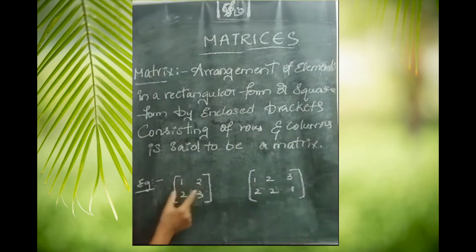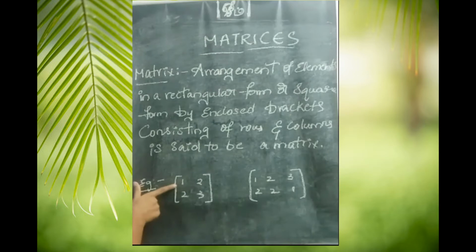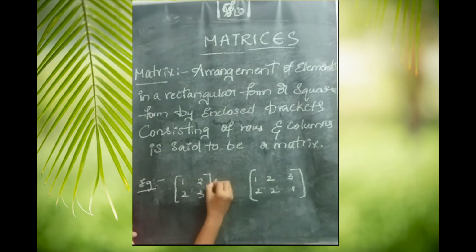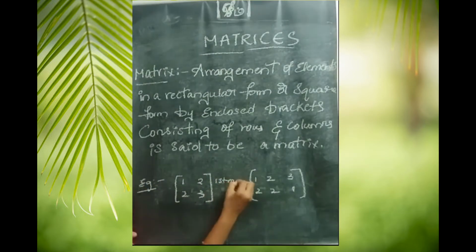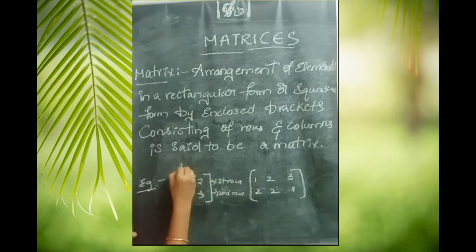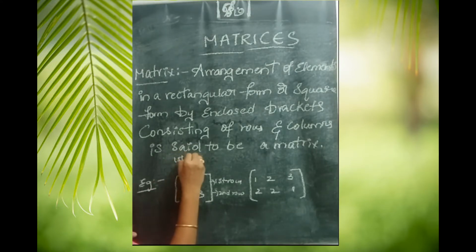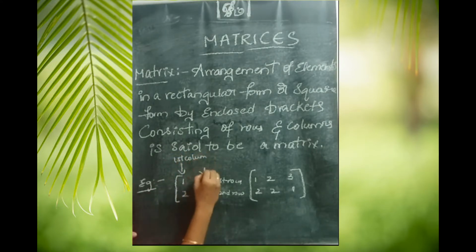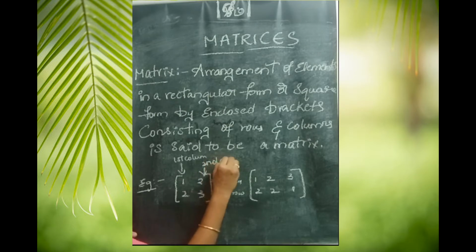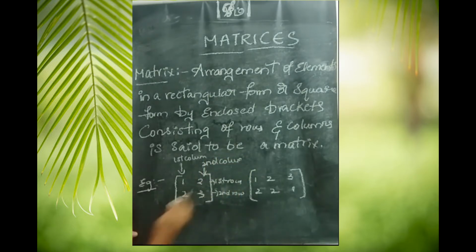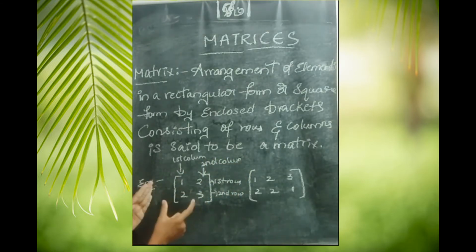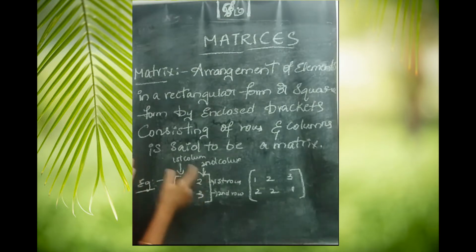That means here, see here how many rows are there? This is the first row, and this is the second row, and this is the first column, this is the second column. Okay, now the elements are consisting of rows and columns.